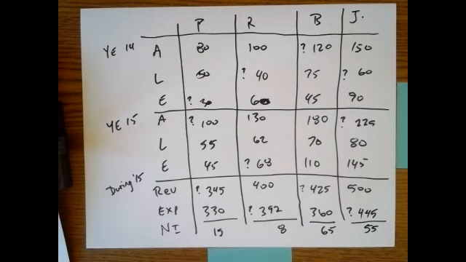Because they're not-for-profits, their retained earnings are going to equal their net income. So we know what their net income is, and then we can fairly easily solve for either revenue or expense as long as we have the other one. So pretty straightforward.